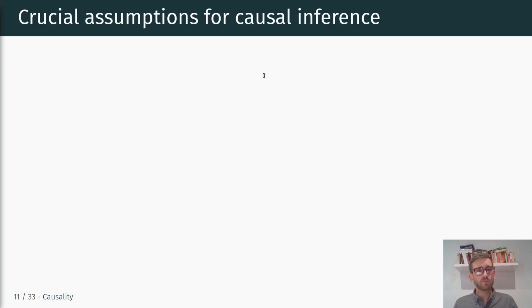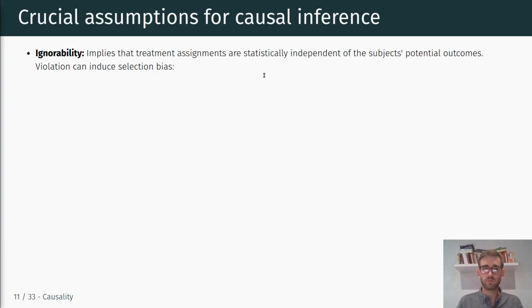There are a couple of crucial assumptions for causal inference, and I just want to point out three really important ones that we see in the literature quite frequently. The first one is ignorability. Ignorability implies, as I discussed earlier, that the treatment assignments are statistically independent of the subject's potential outcomes.